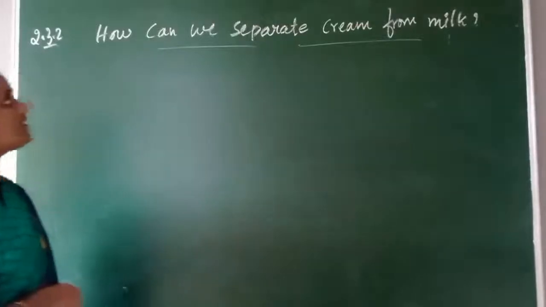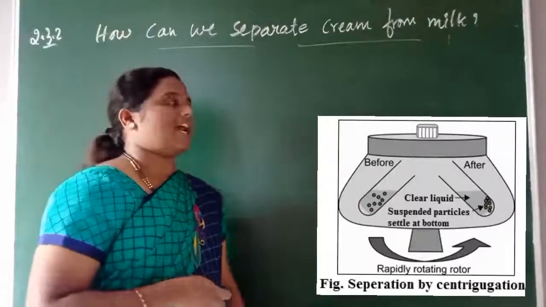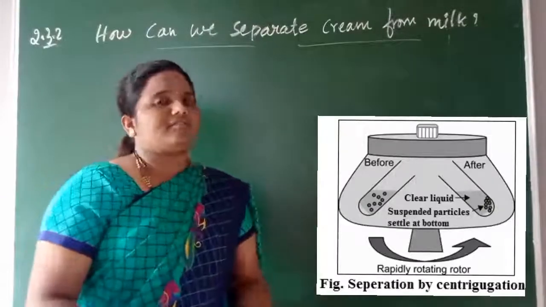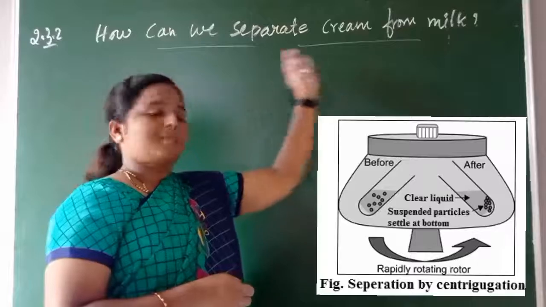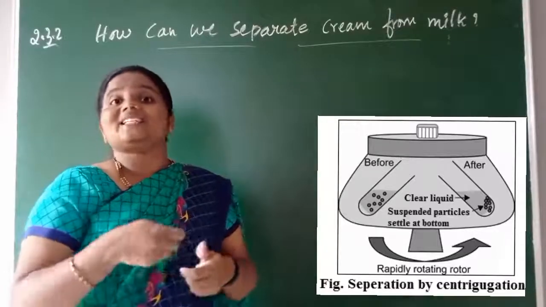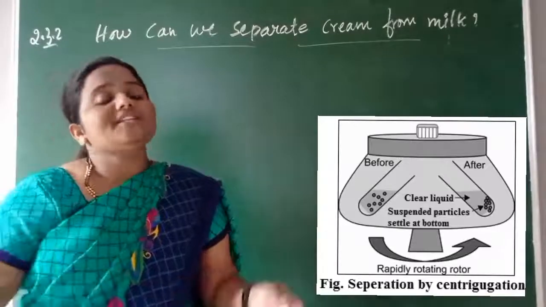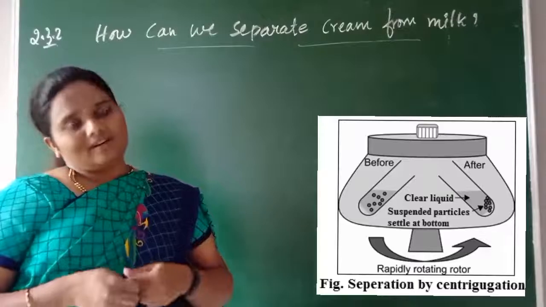Now we will discuss how we can separate cream from milk, isn't it, children? In our daily life we are familiar with drinking milk. It contains cream. In the market, different kinds of milk are available, children.